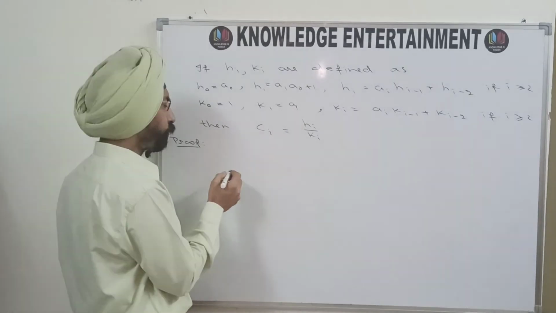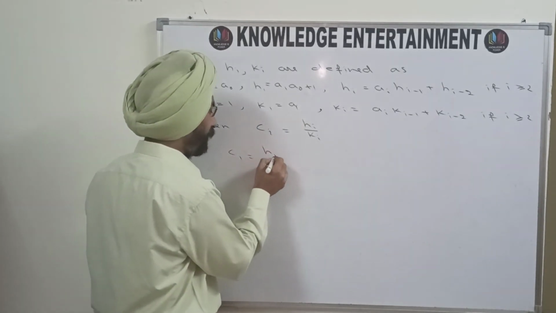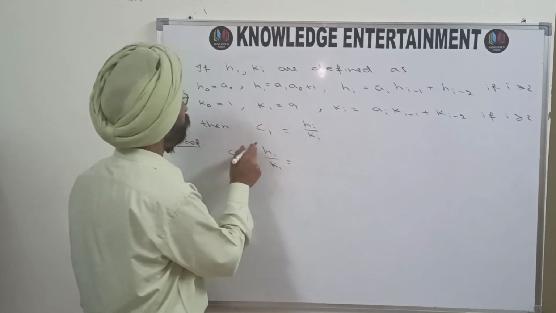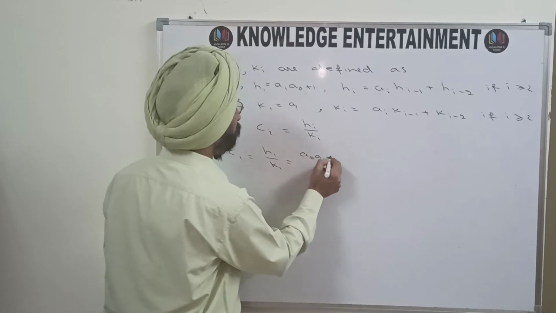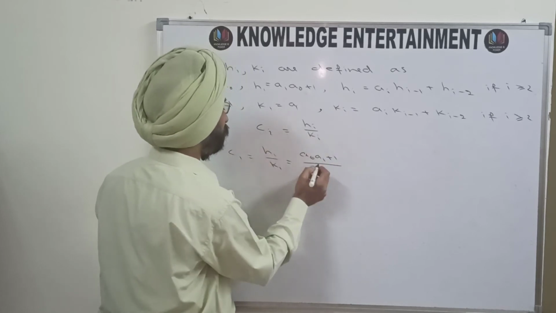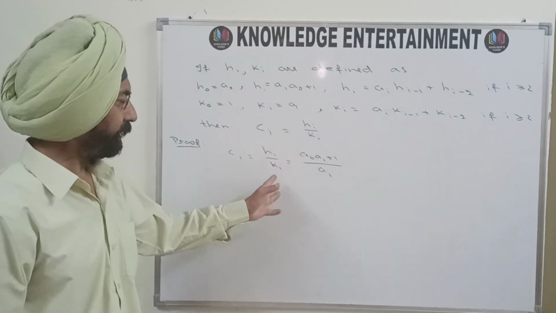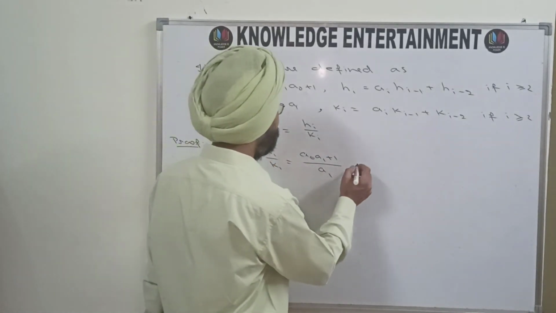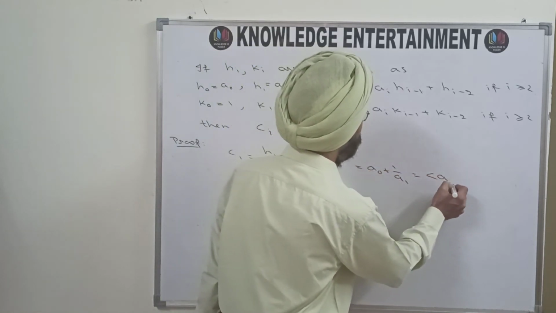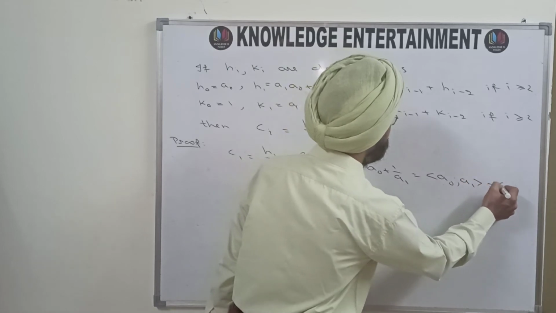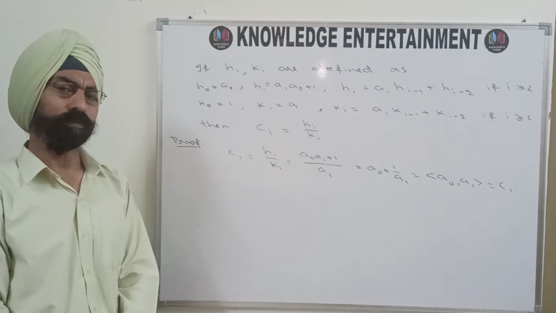For i equal to 1, C1 is equal to h1 upon k1. Your h1 is a0 a1 plus 1, divided by k1, which is a1. And this is true, because this is actually a0 plus 1 upon a1, which is the first convergent. So for i equal to 1, the result is true.